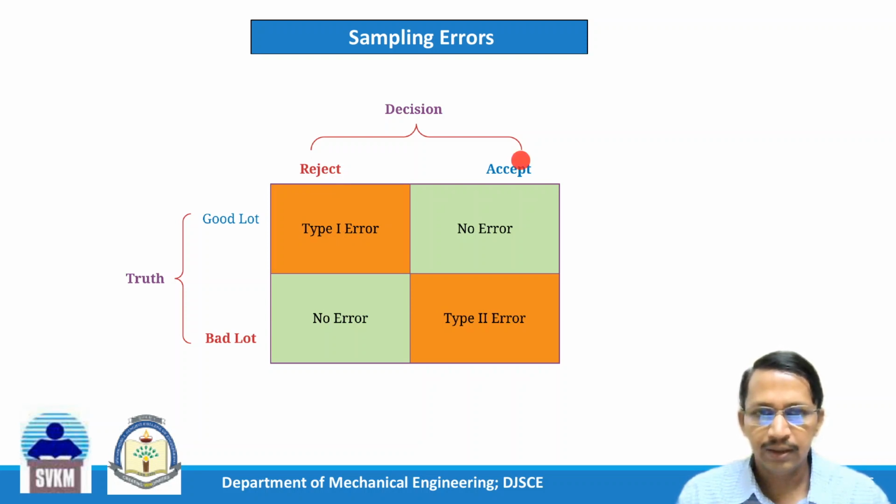Then you take this scenario: the decision is to accept the lot, and the truth is good lot, so no error here. Then the second one: the decision is to reject the lot and the truth is bad lot, so no error. Then the decision is to accept the lot and the truth is bad lot, so it is an error, and this is a type 2 error.